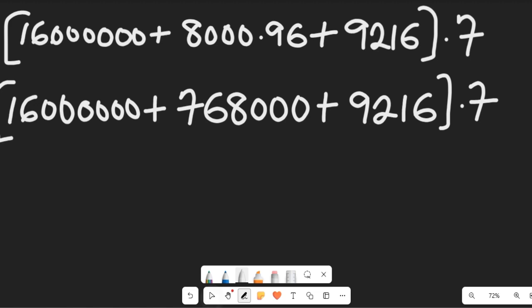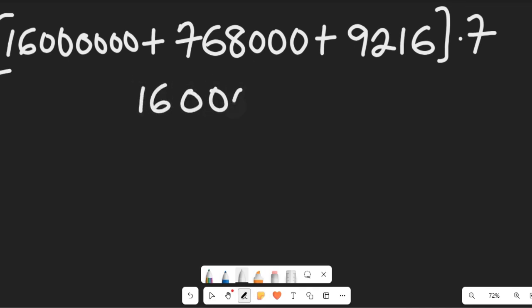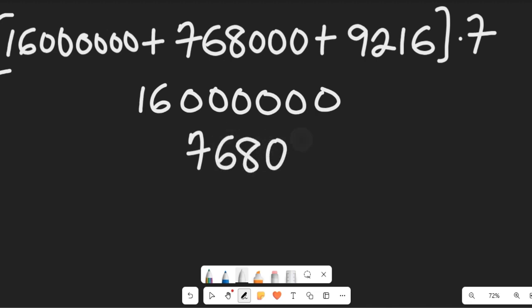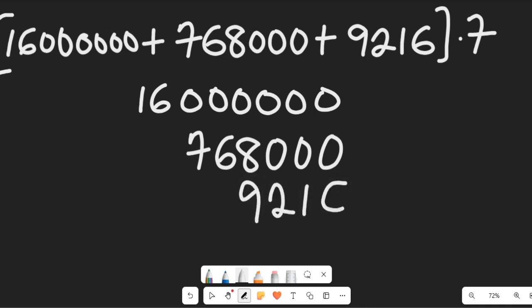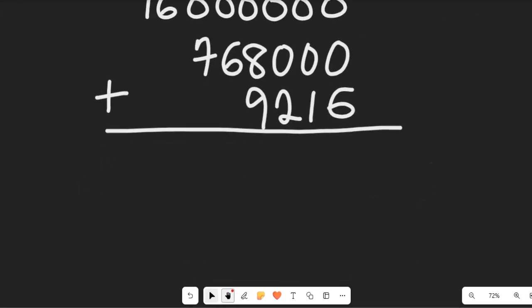If I add all of these, I put them in their place value: 16,000,000, the next one I'll have 768,000, the next one I'll have 9216.